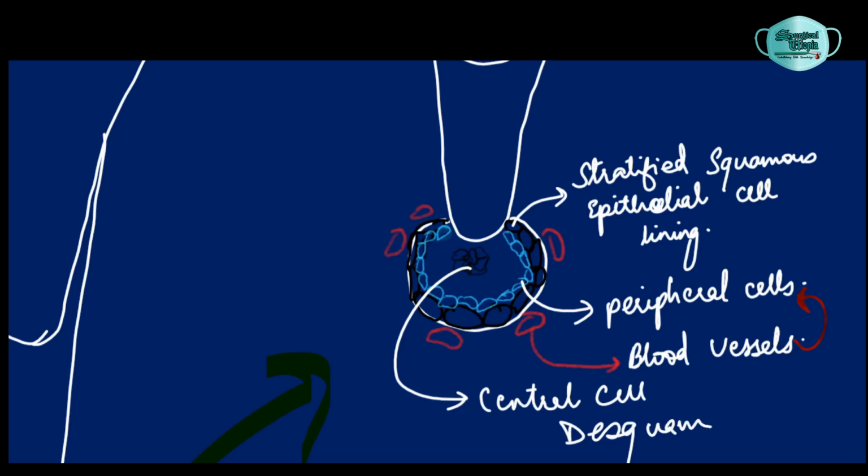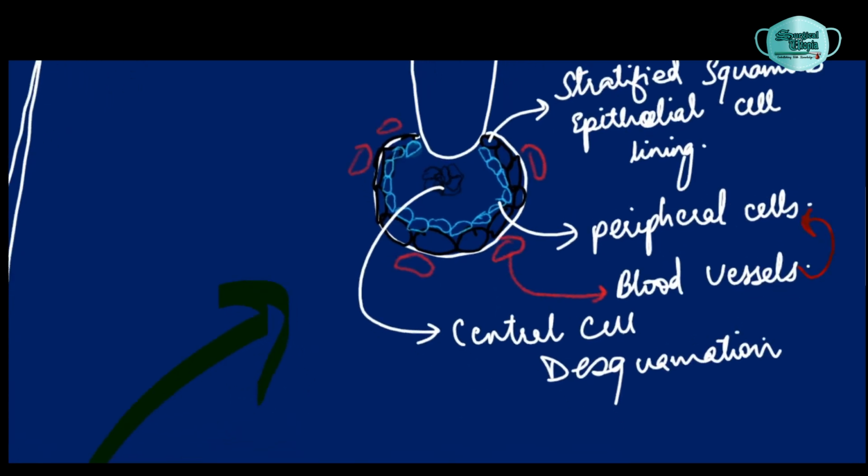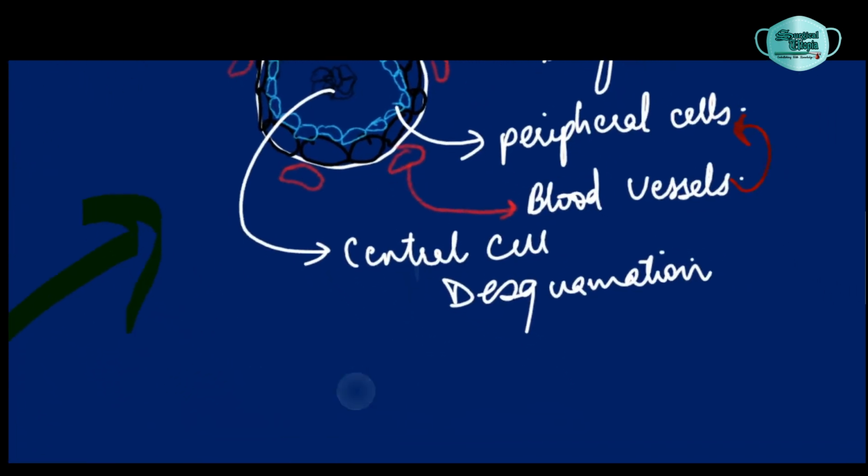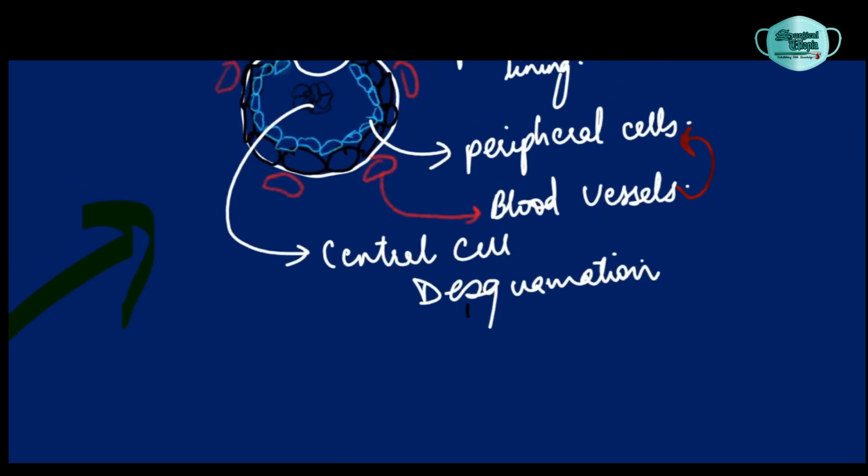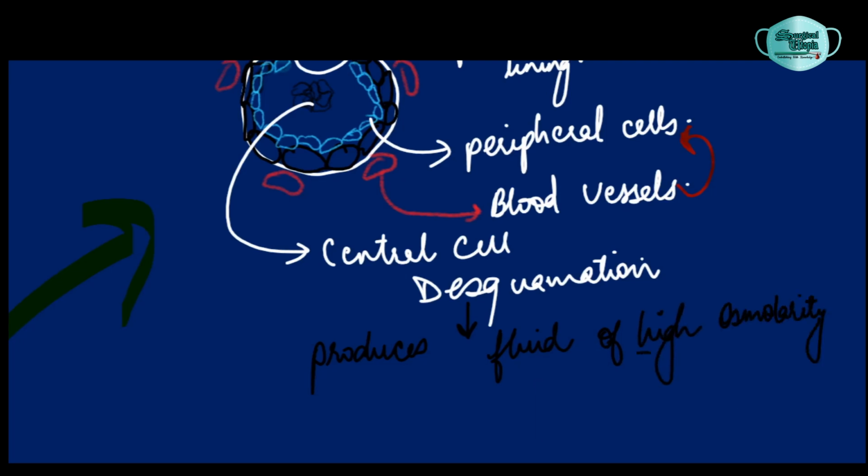Because of this lack of nutrition, the cells in the center tend to desquamate, and the desquamation of the cells in the center produces a fluid which has a higher osmolarity as compared to the serum or the surrounding fluid.